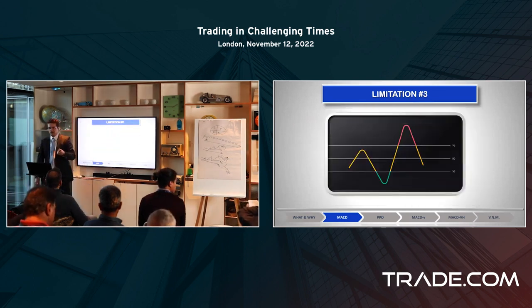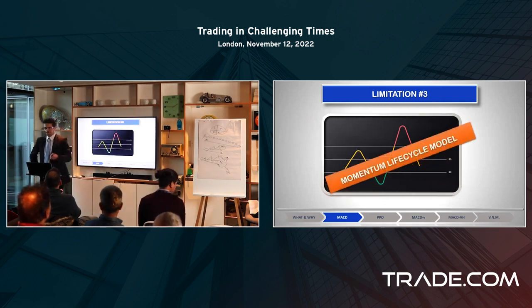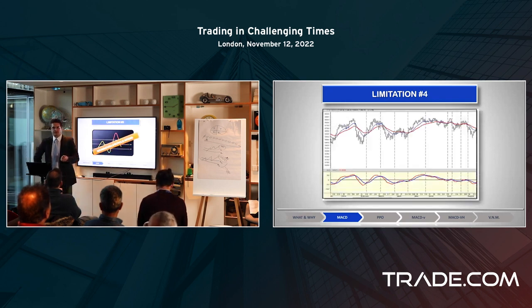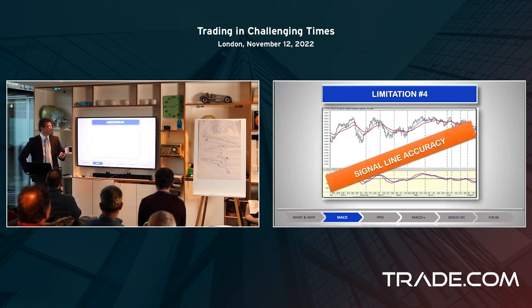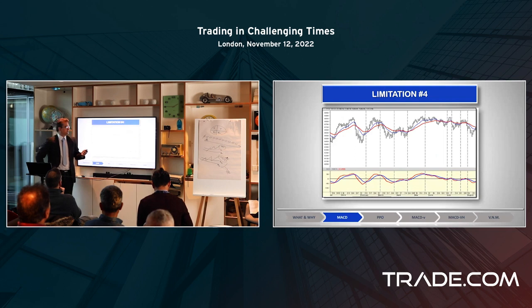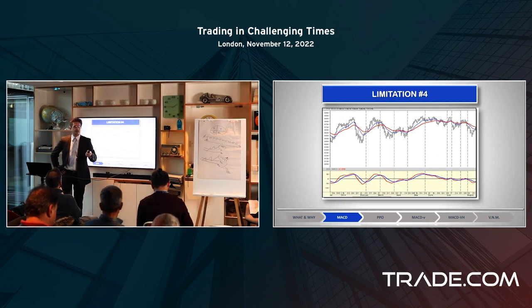The third limitation is, again, since it's not stable across securities and time, you cannot have objective overbought and oversold signals like we have with the RSI. Basically, you cannot do a momentum life cycle model. The fourth limitation is the signal line accuracy. Because it's a trend following indicator, what's the basis of trend following indicators or strategies? The market goes up, we buy. The market goes down, we sell.